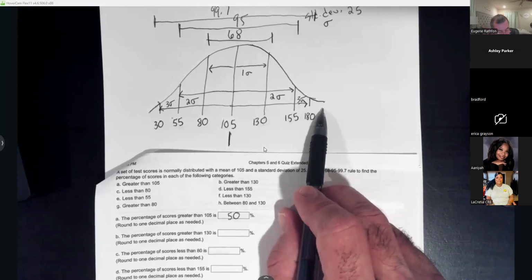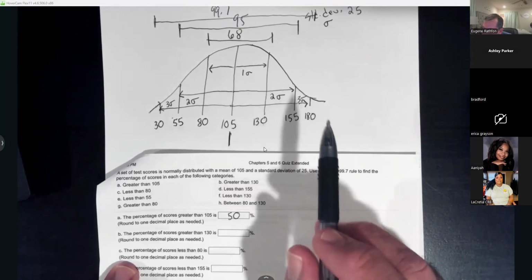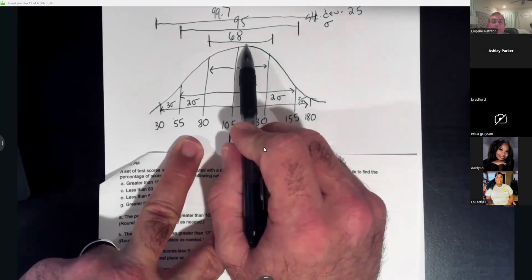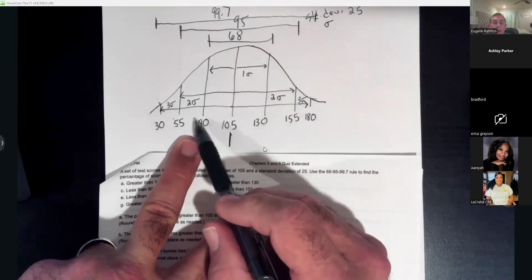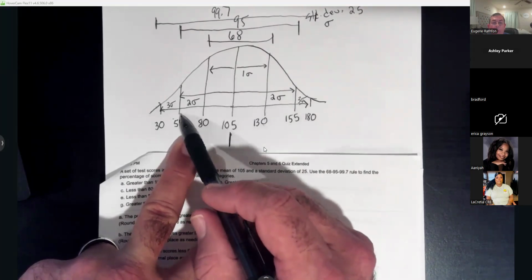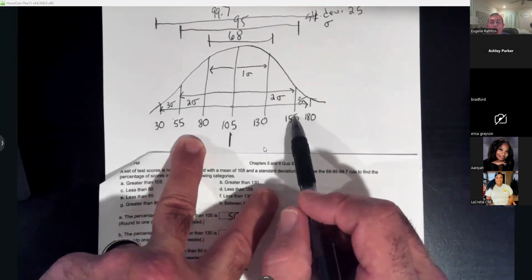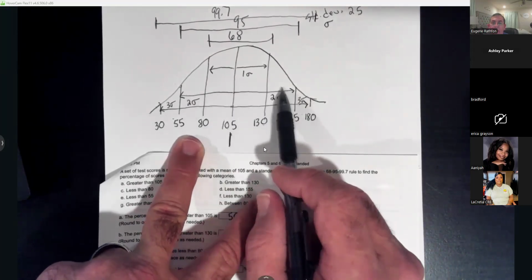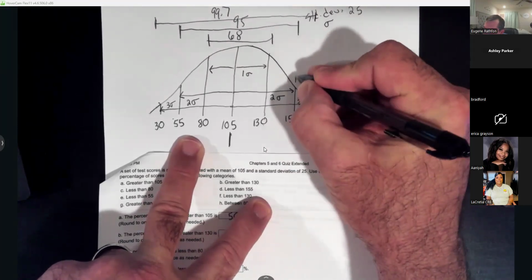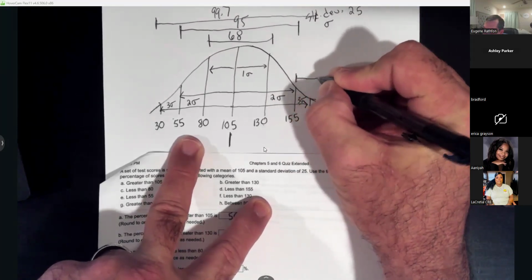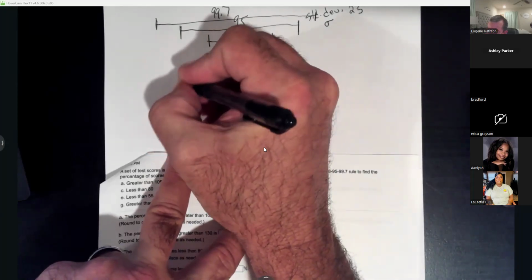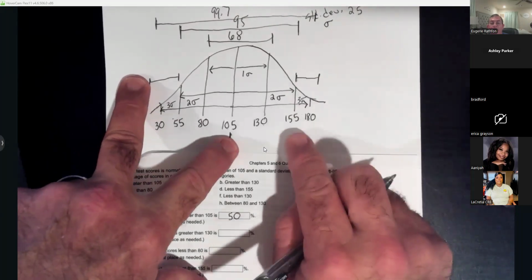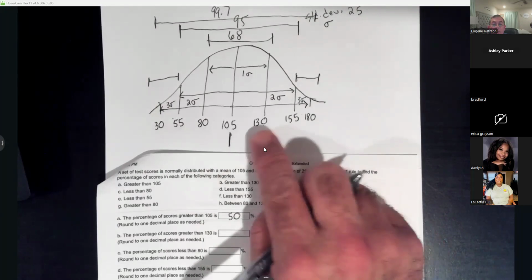So what we got to figure out, we know that between 55 and 155 is 68% of the data. So you got 32% from here to here and from here to this end. Together, that's 32%. But we're looking greater than 130 here.